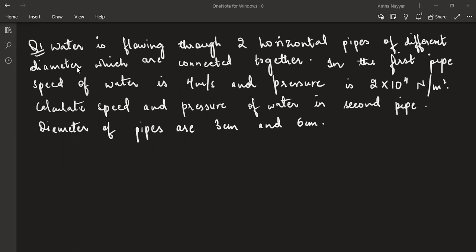Yes, 1 meter per second. Good. So if you have calculated this, can you calculate P2? Last 1 minute and I'll discuss it.